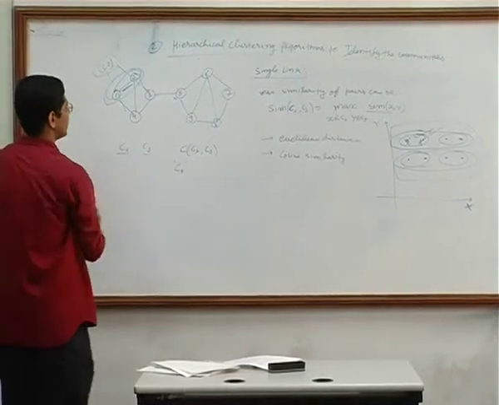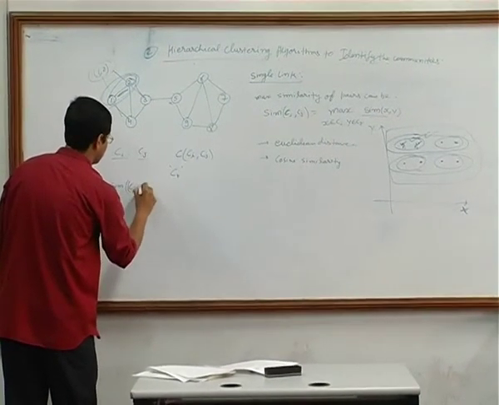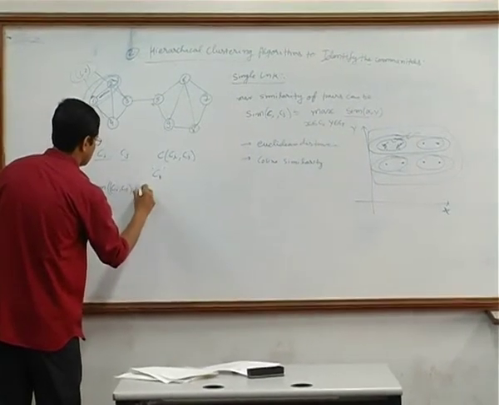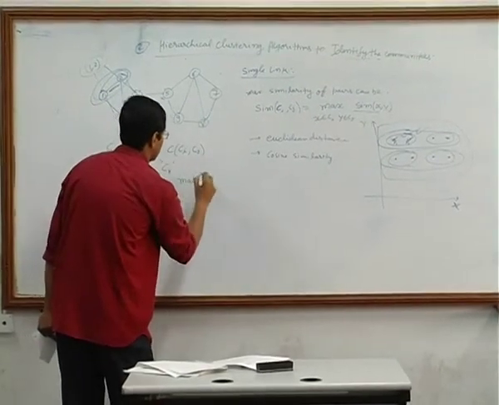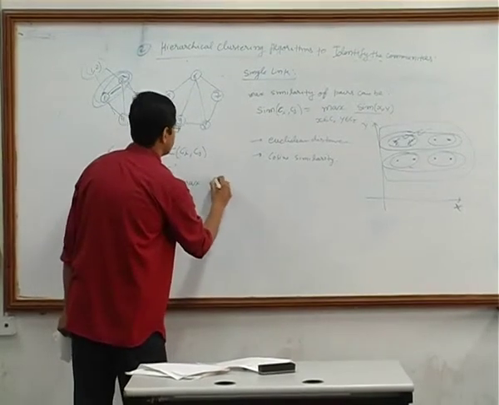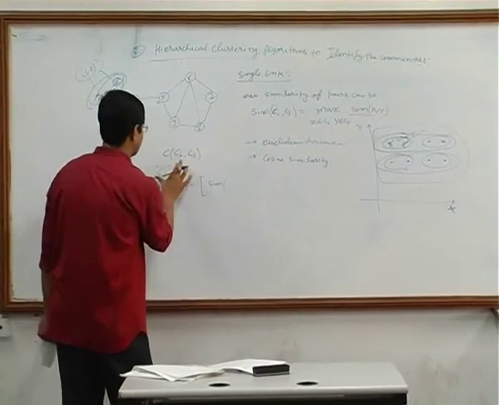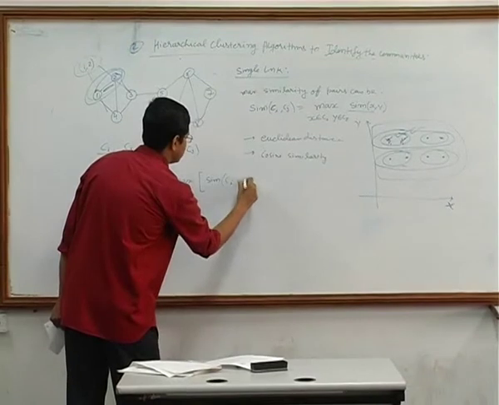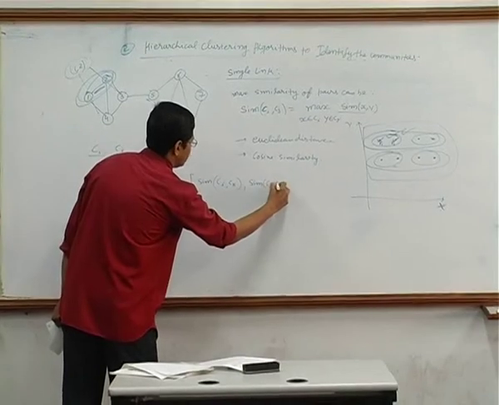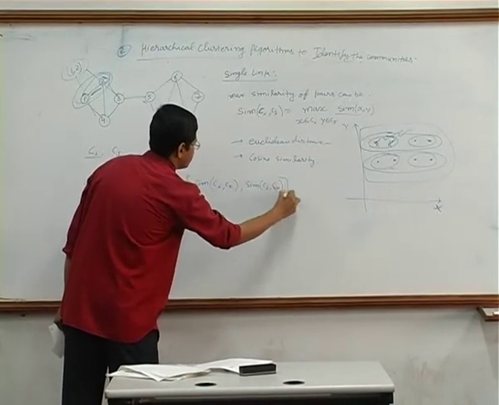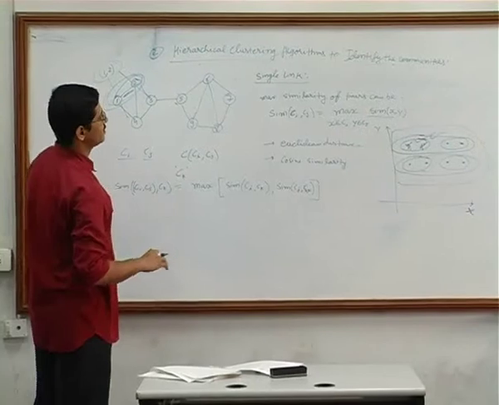For this, we will calculate the maximum similarity by using the pairs Ci and Ck, and Cj and Ck. But due to chaining effects, the entire system suffers a lot.